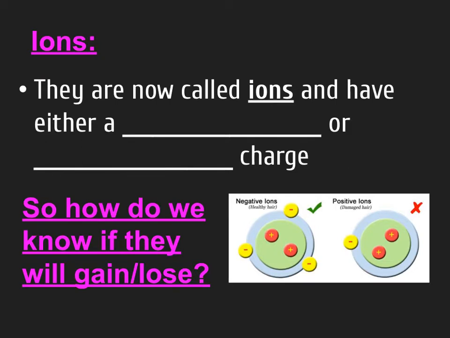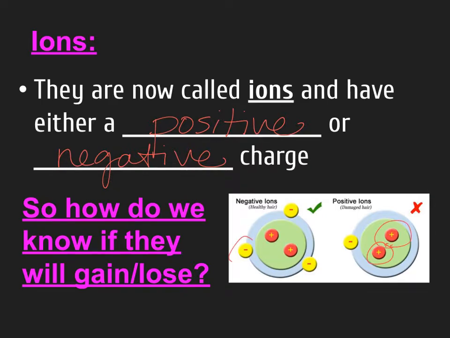So as we start to practice and record these ions, we'll list out the element name either as positive or negative. So again, there's an imbalance. Positive is going to have more protons, and negative is going to have more electrons. So it's all about the balance.